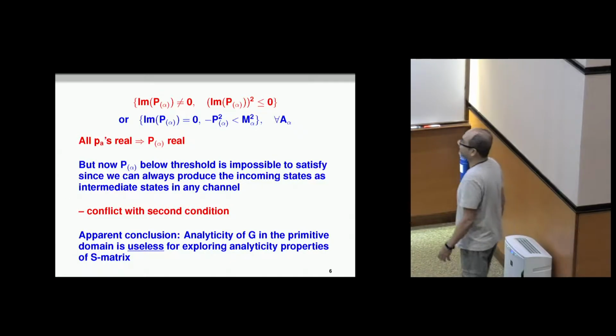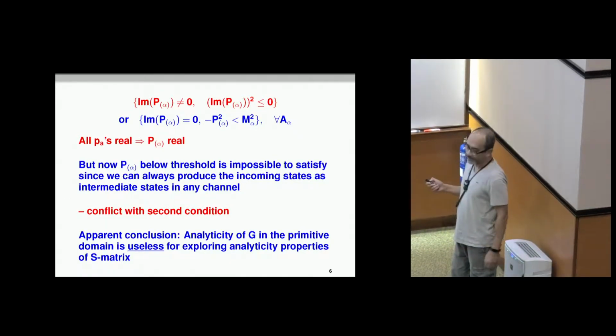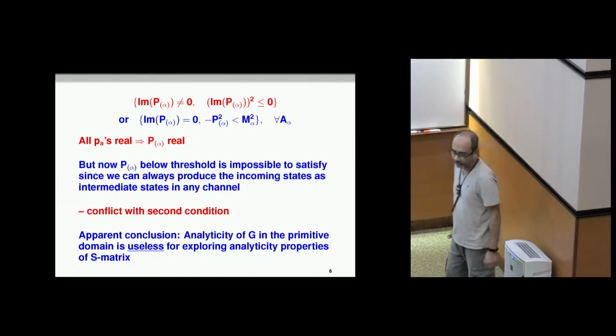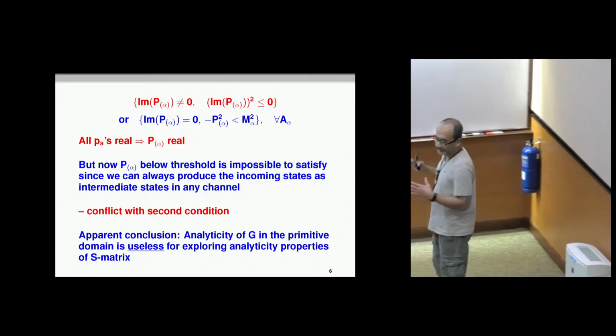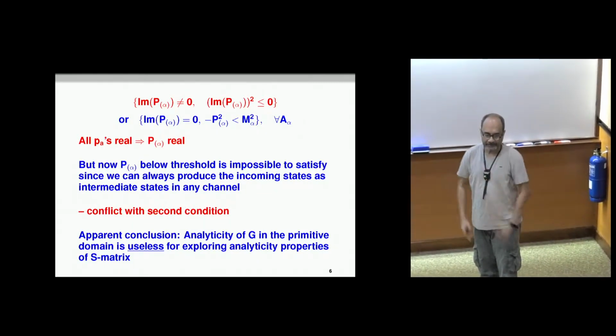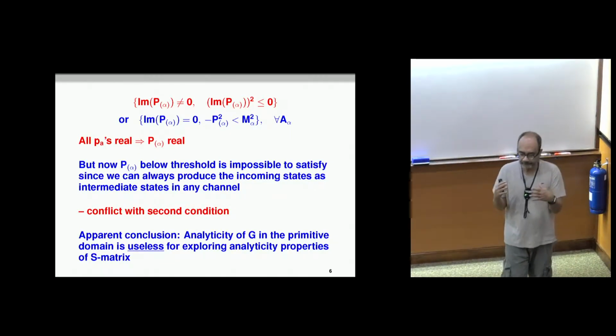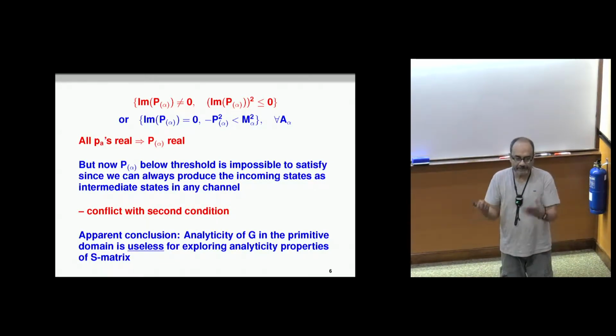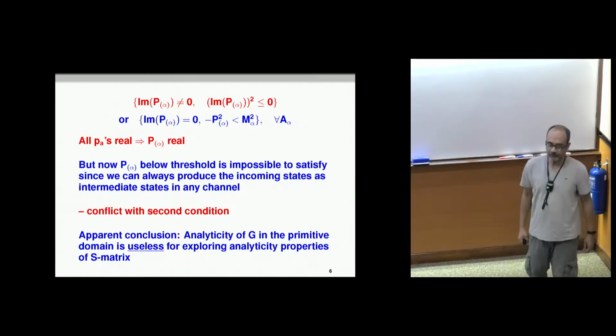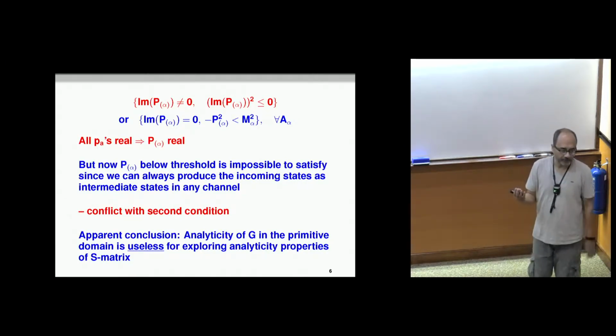But now we know that it cannot be that for every set we are below the threshold. After all, a scattering includes certain incoming states and certain outgoing states. Take the set of all the incoming states, which are all carrying real momentum. You can certainly produce those same states back again, without violating any conservation law anywhere. So it's already above the threshold.